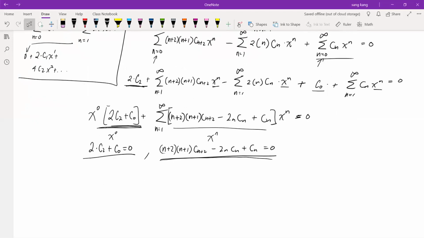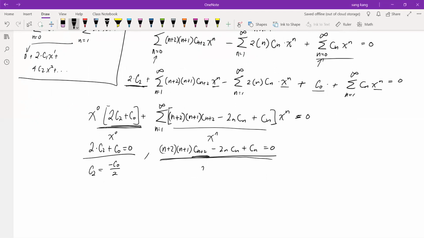So now, I can solve the first equation. I'm going to solve for the highest index c, which would be c2. This is equal to negative c0 over 2. And I can solve for c_(n+2).